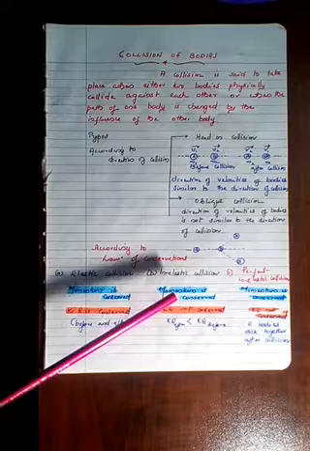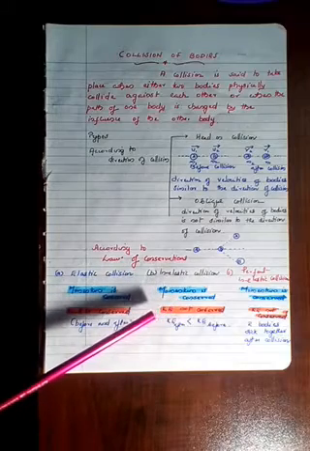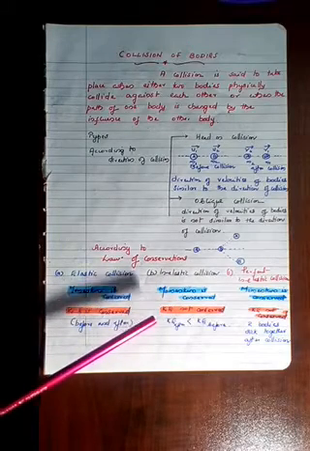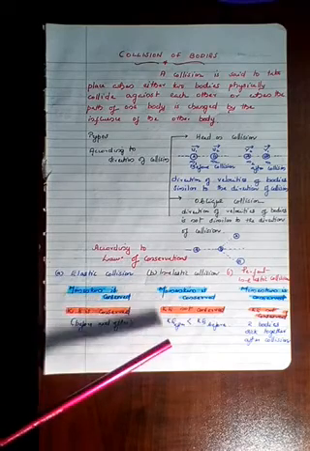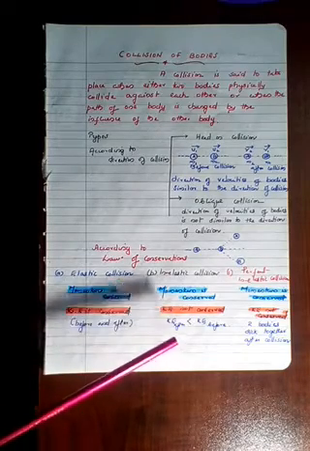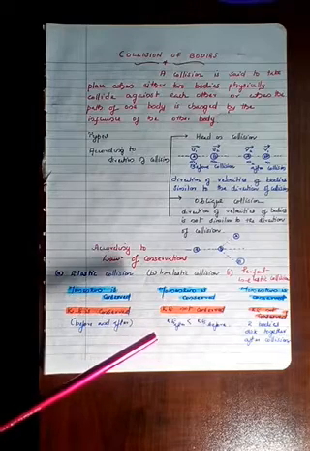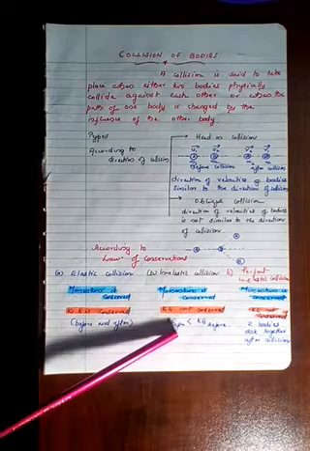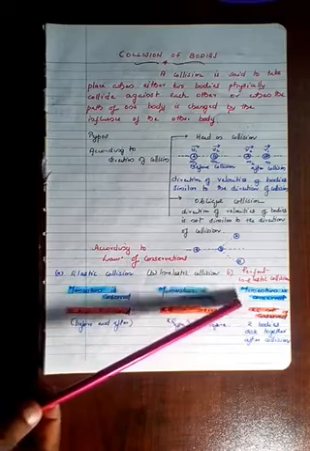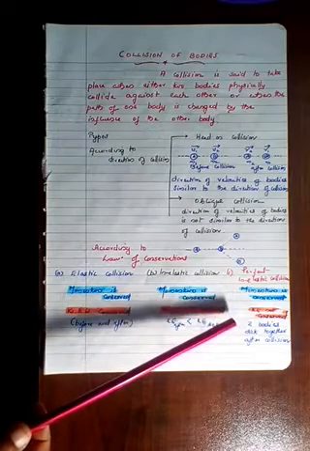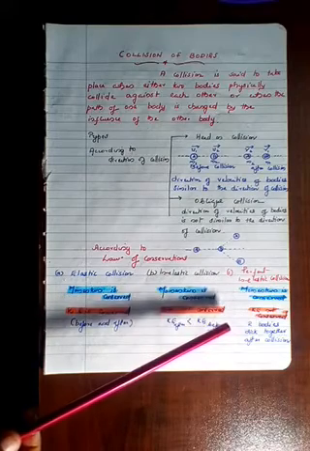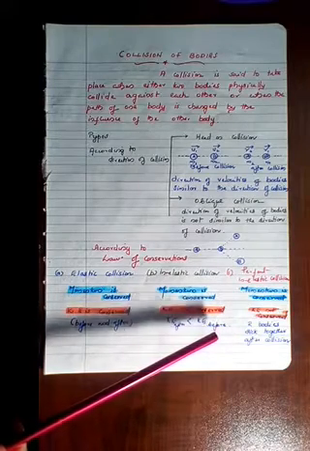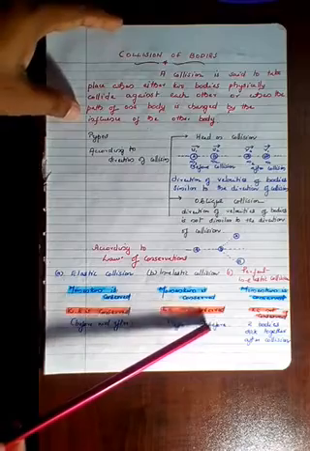For an inelastic collision, the momentum is conserved, but kinetic energy is not conserved. The kinetic energy after is less compared to before. Some energy is lost as heat. In a perfectly inelastic collision, the momentum is conserved, kinetic energy is not, and the two bodies stick together after collision. It is a very important concept.